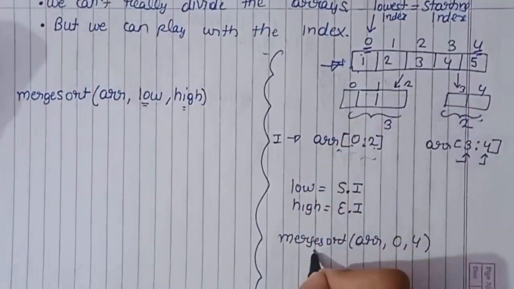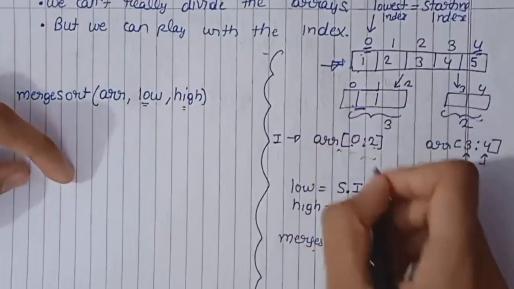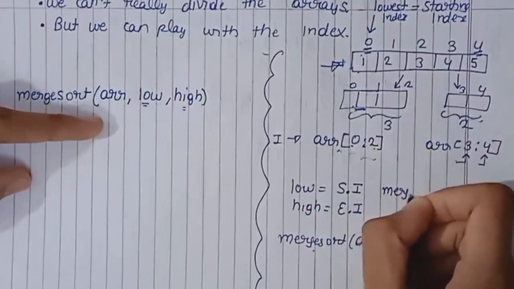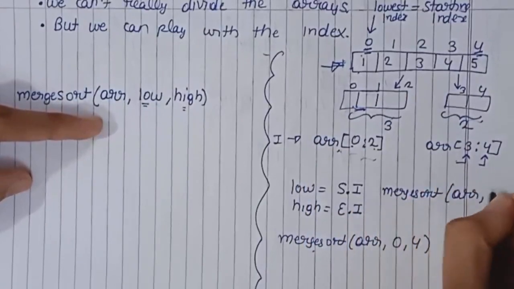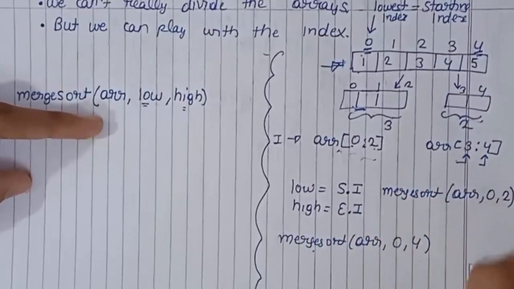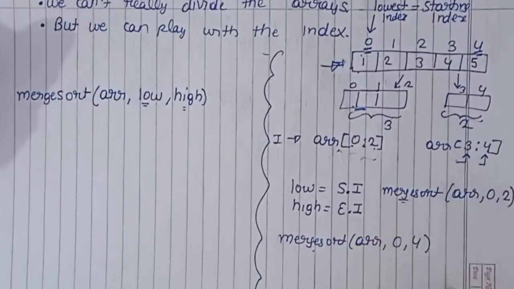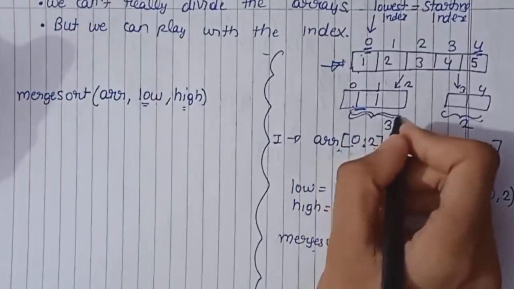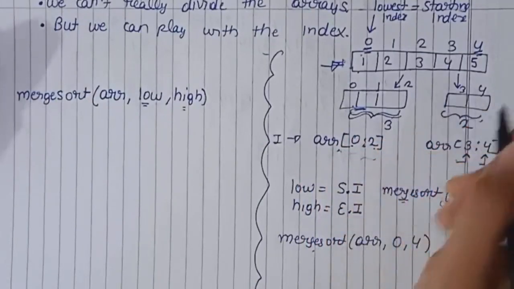If merge sort runs for the first half, it will be merge sort array 0, 2. In this way, your function will get to know which array you are talking about, and this will help you divide your array.